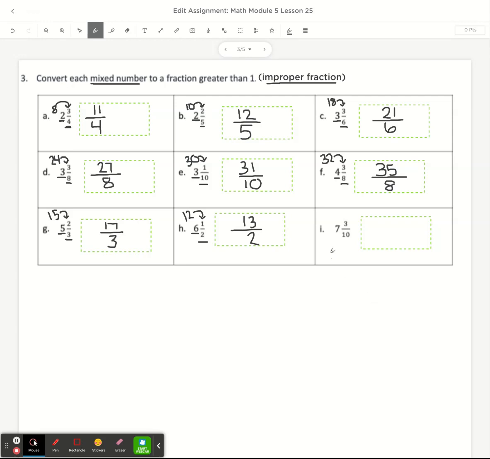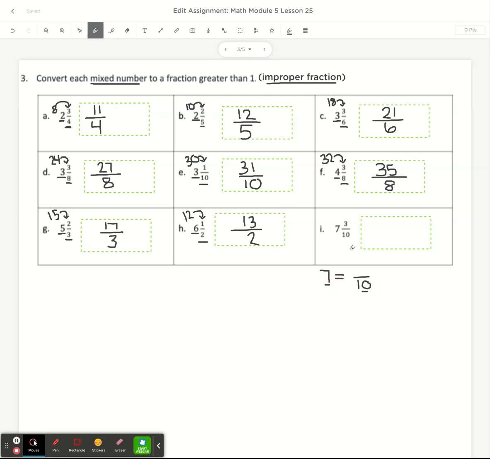For part I, I'm going to do it exactly like what we did on slide 2, just so you guys can see the equation if you need to. Remember, on slide 2, we took that whole number and changed it to a fraction in whatever denominator we're working with. In this case, we are working with tenths. So I have to change 7 to a fraction in tenths. Once again, we just multiply that whole number times our denominator.